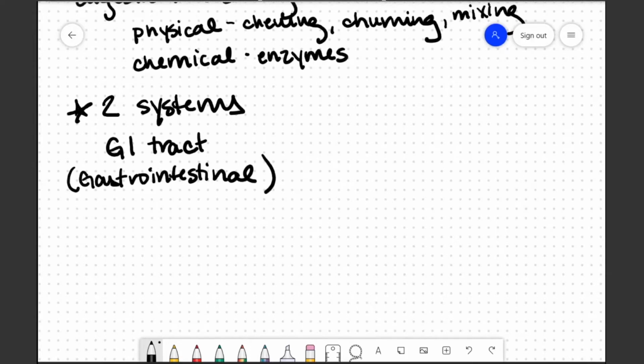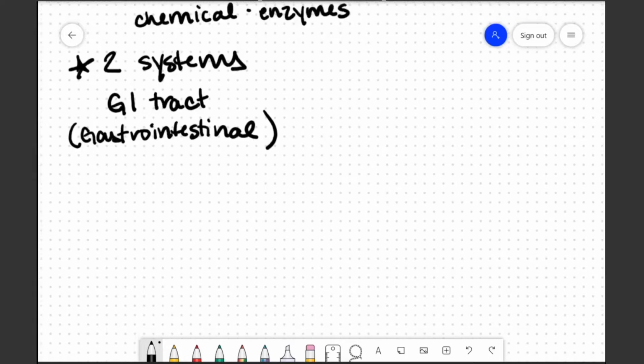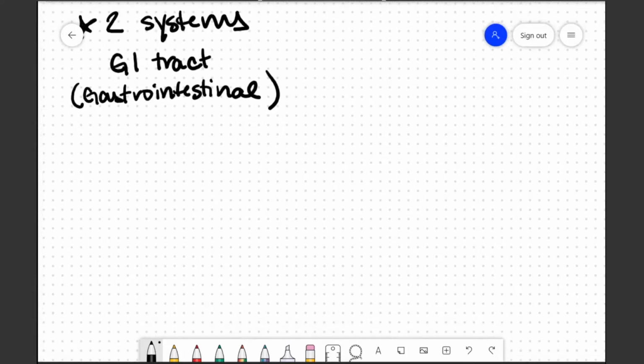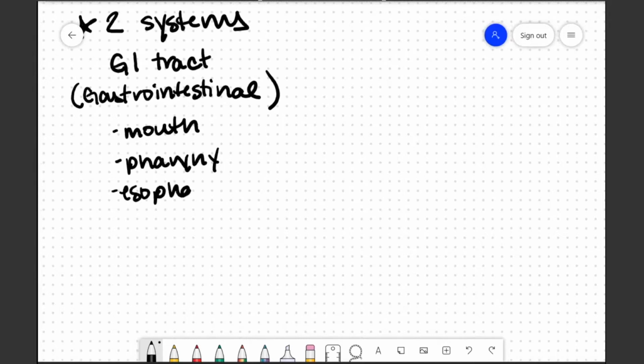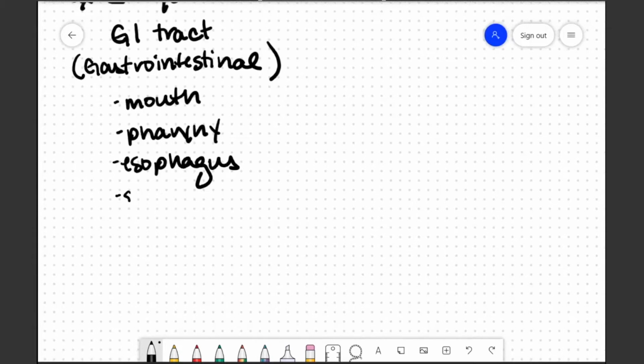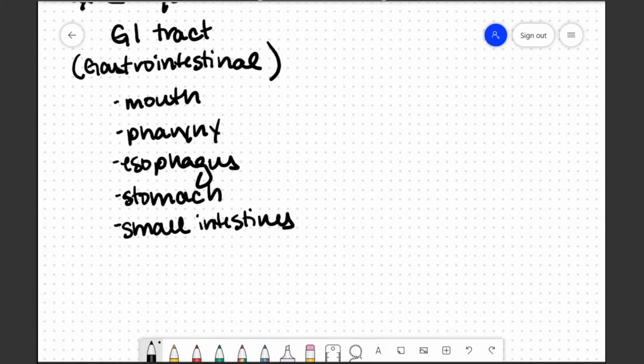When we have our gastrointestinal tract, these structures involve the mouth, which starts at the very beginning, the pharynx, the esophagus, the stomach, the small intestines, and while your small intestines are called small, when we get there, they're actually not small.